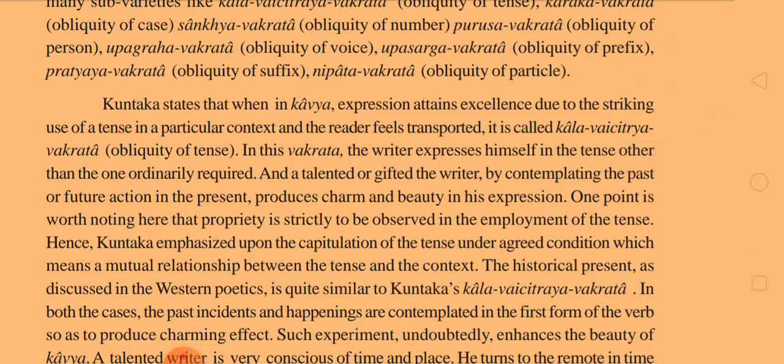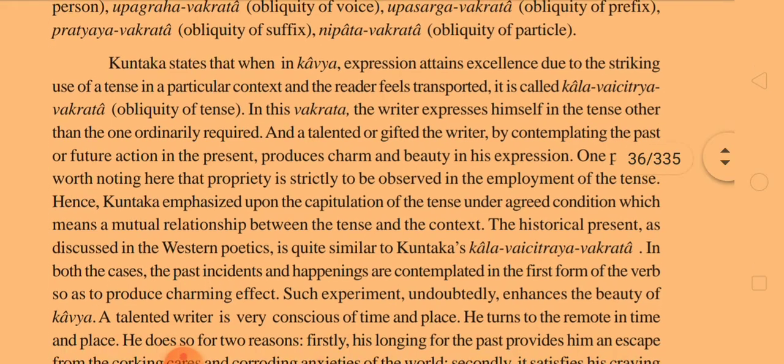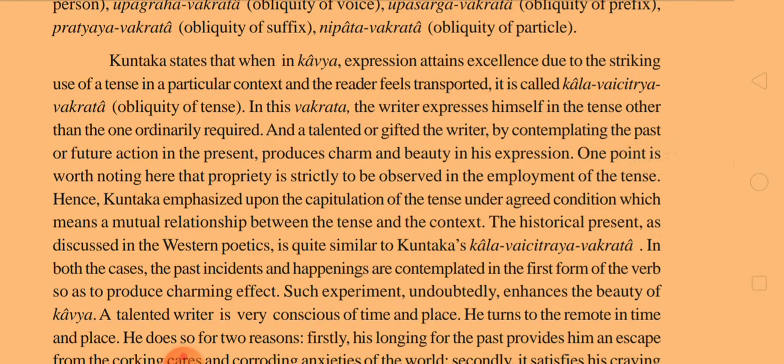Now Kuntaka states that when in Kavya, expression attains excellence due to the striking use of a tense in a particular context and the reader feels transported, it is called Kala Vachitraya Vakrata, the obliquity of tense. In this Vakrata, the writer expresses himself in the tense other than the one ordinarily required.